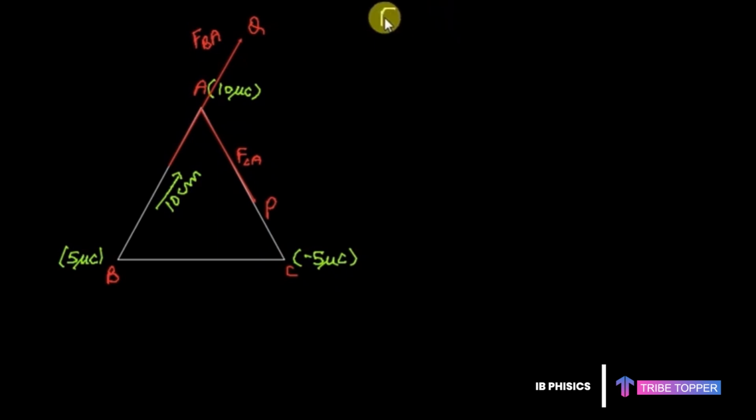So we have FBA is equal to, by Coulomb's law, 1 upon 4 pi epsilon naught times QA, the charge at A, times QB upon AB square.